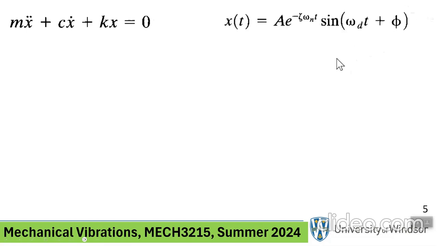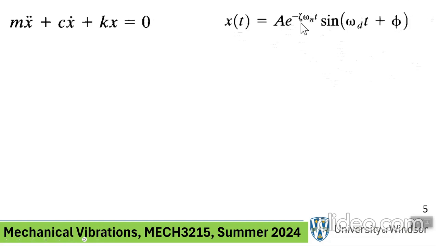Now, just be careful here. We know it has e to some power with a negative sign. We know that it's sine, and some textbooks may use cosine depending on development. This is how Inman's textbook does it.